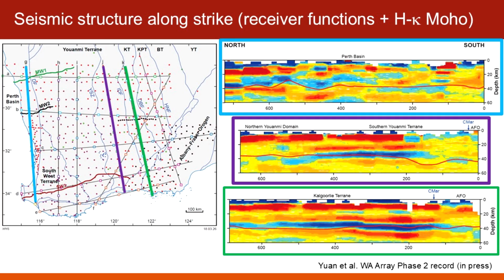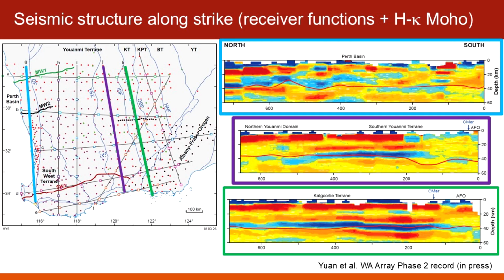If you move into the Youanmi, there you can see something interesting. In the northern Youanmi domain, you have a less defined Moho. This is a receiver function, so it gives you the velocity contrast in the crust where P and S waves convert at material boundaries. So it's a very sharply defined central Youanmi Moho.